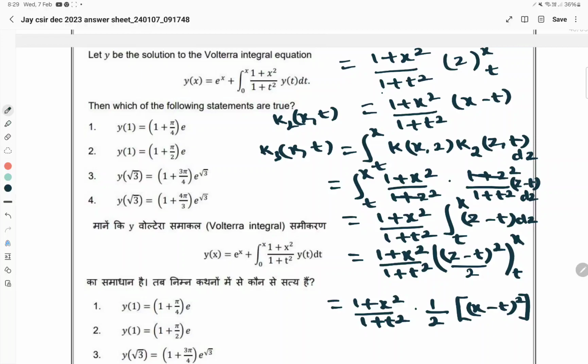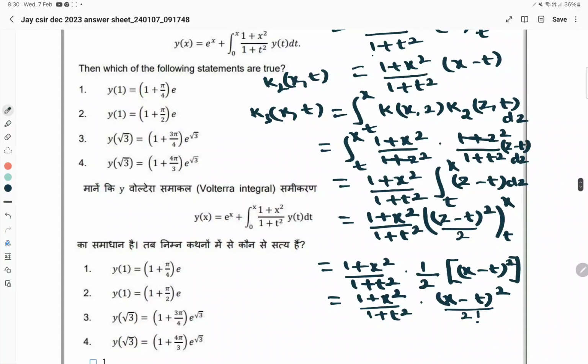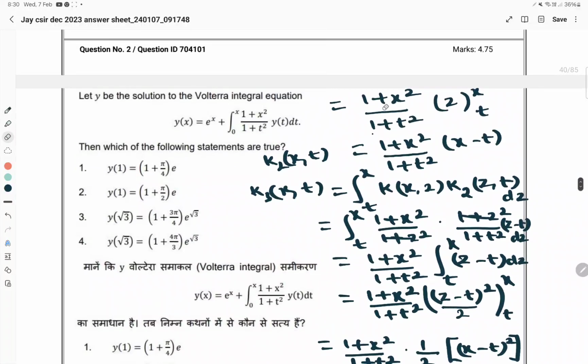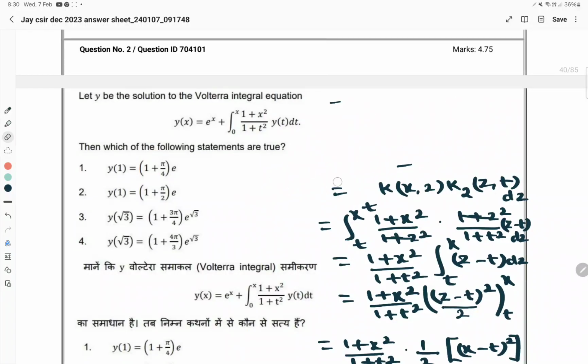Upper limit I am putting in place of z x, lower limit is already t minus t, it becomes 0. It can be further written as 1 plus x square by 1 plus t square times x minus t the whole square by 2, that is 2 factorial. We have found k1 and k2 of x comma t, now k3 of x comma t.